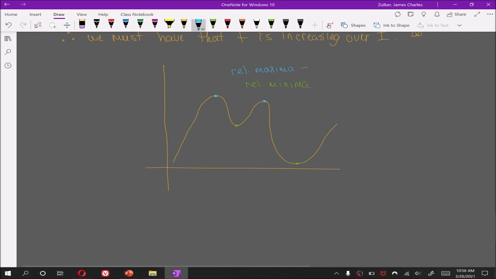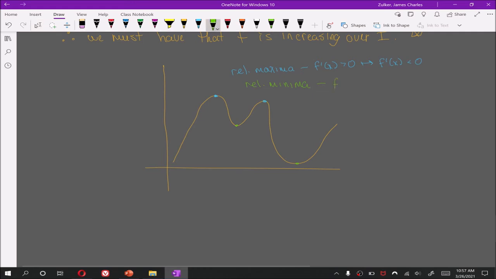So it would seem that f prime goes from larger than 0 to less than 0. If we look at the minima, to the left it is decreasing, and then to the right it is increasing.